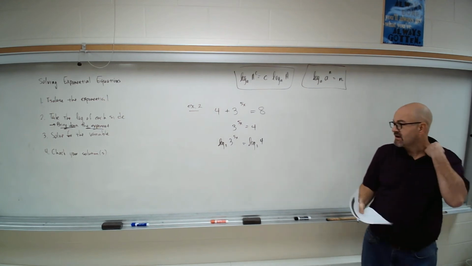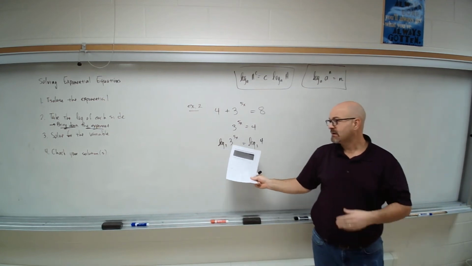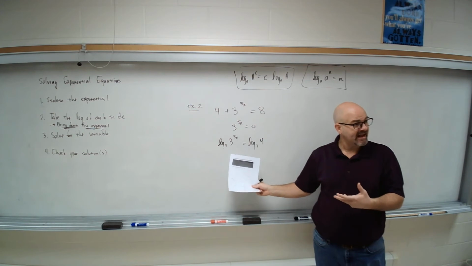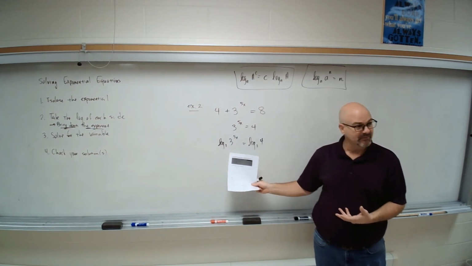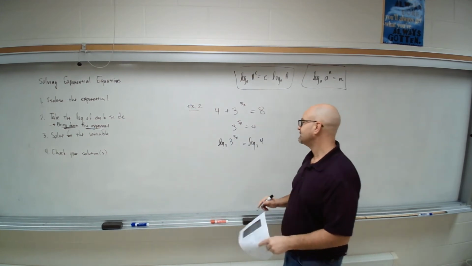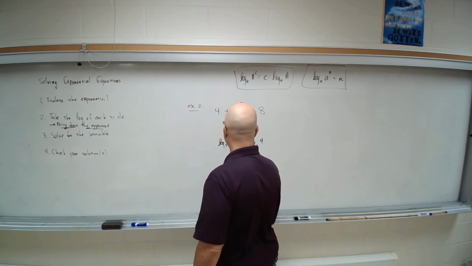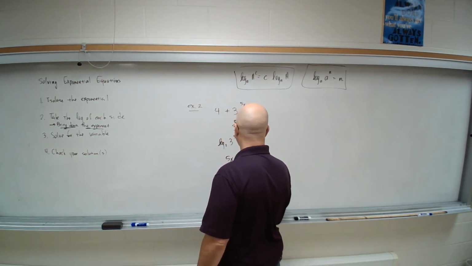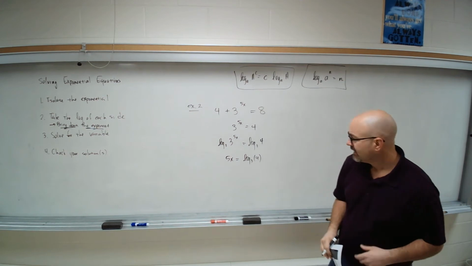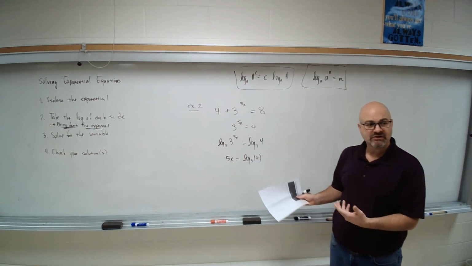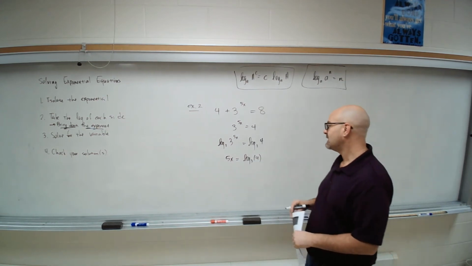It just cancels each other out. So the log base 3 and the base cancel, so the left-hand side just becomes 5x. And then log base 3 of 4. This is just going to be a number. We're just going to divide that number by 5.